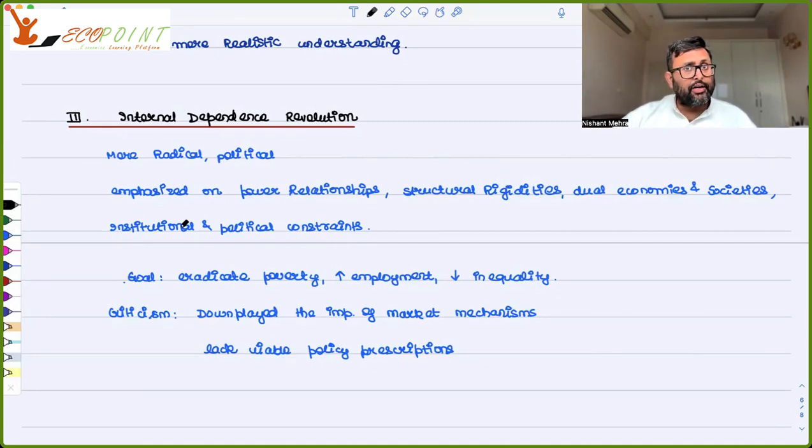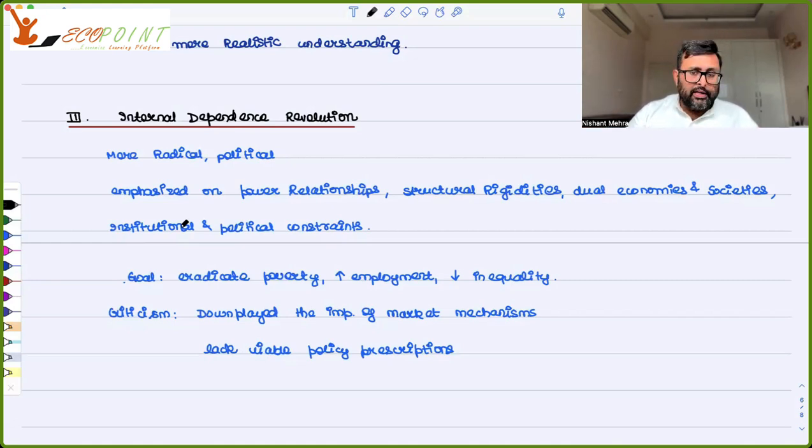So there is a lot of inequality in the global relation. There is inequality of power. Developed countries have a lot of power over underdeveloped countries. These models bring out these points a lot.